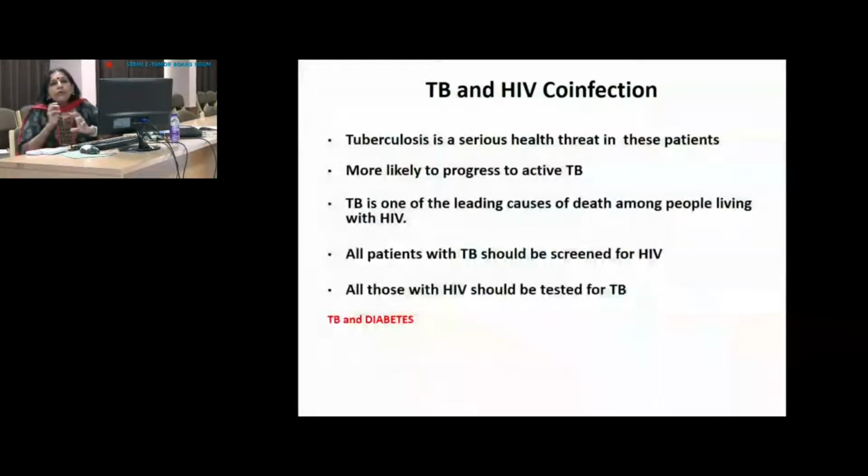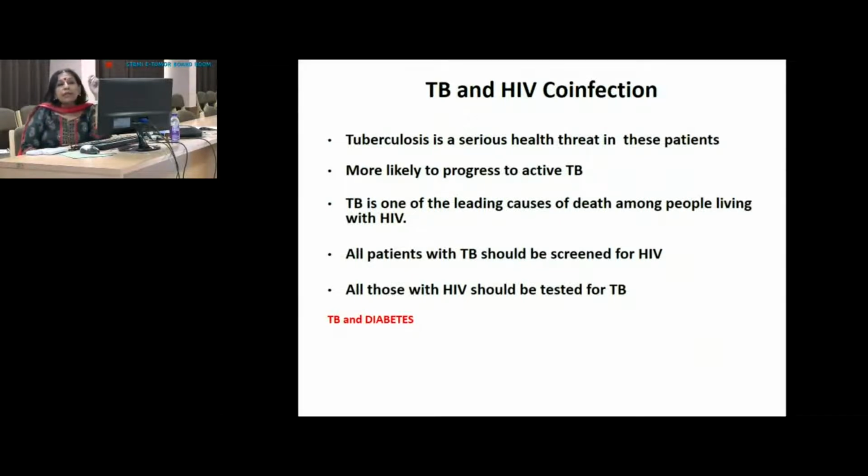The point we should all know and remember is anybody with TB should be screened for HIV. We are doing this routinely in all our patients who we take up for TB treatment, and anybody with HIV must be tested for TB so that if active TB comes positive, treatment should be started.